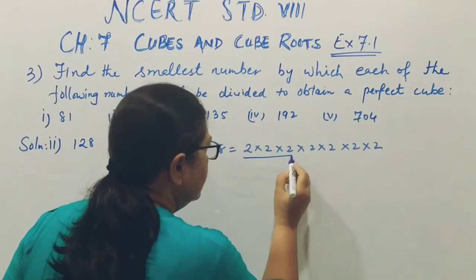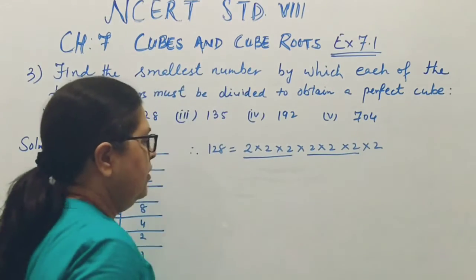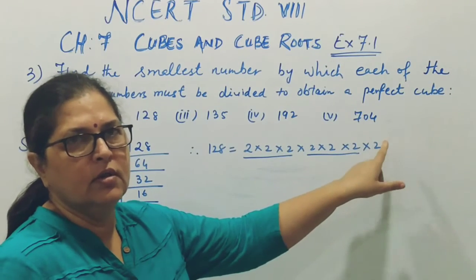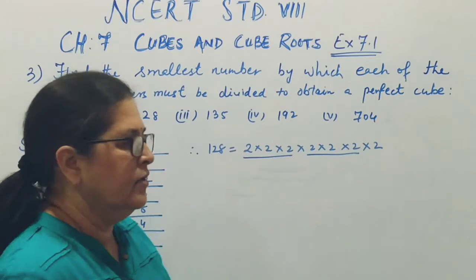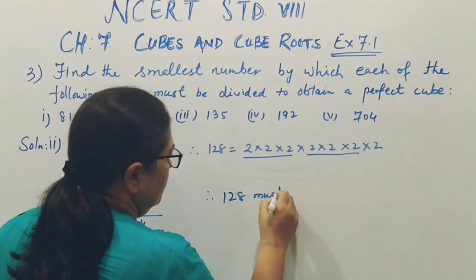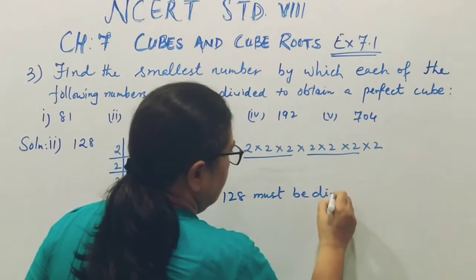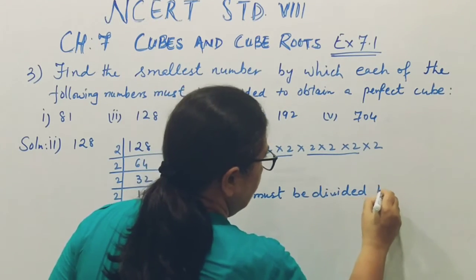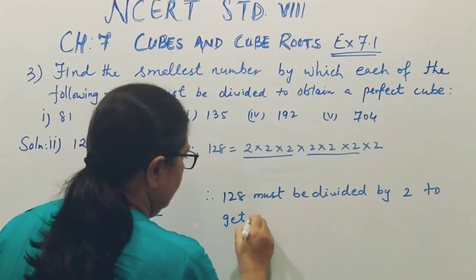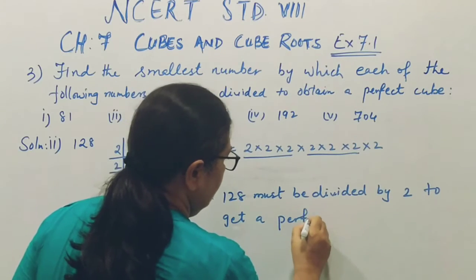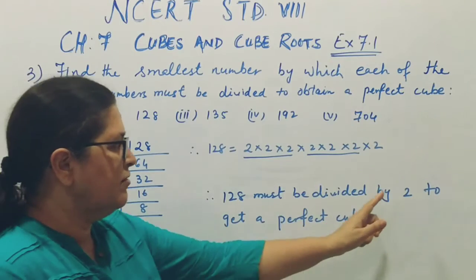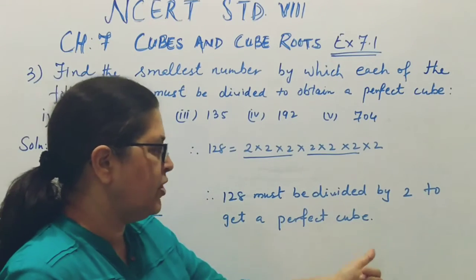So, we will form the triplets. Here, this 2 is left alone. That is, it is not forming a triplet. Therefore, 128 must be divided by 2 to get a perfect cube.